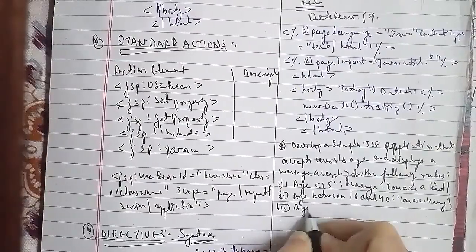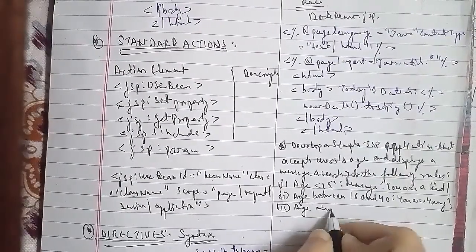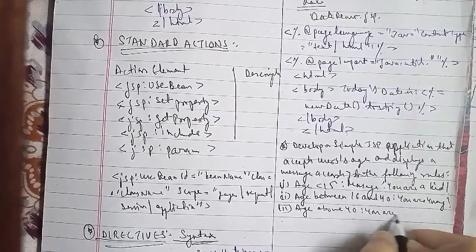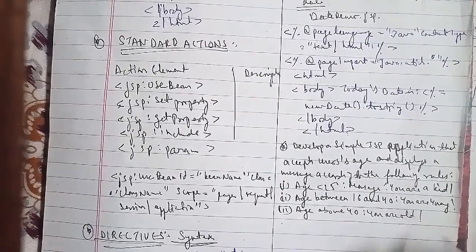Now we'll discuss step by step. Step 1 is to create an HTML document that allows you to enter a value for age.